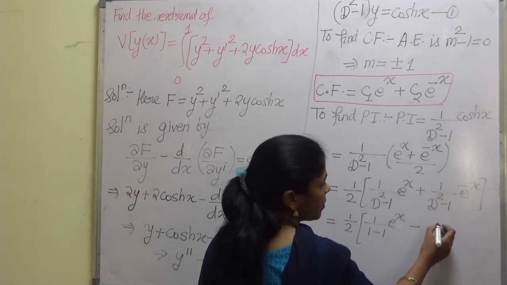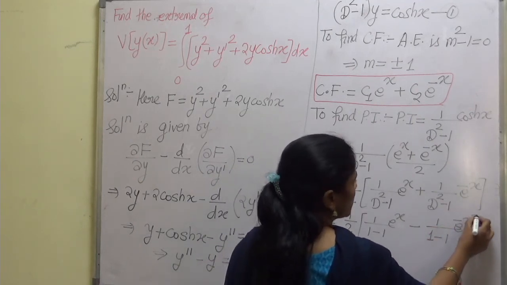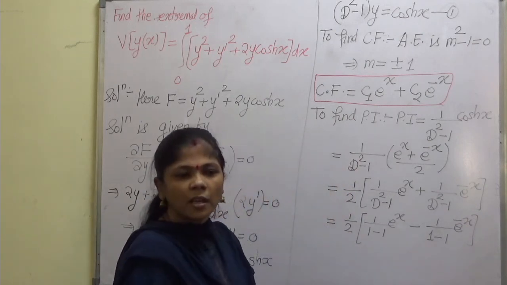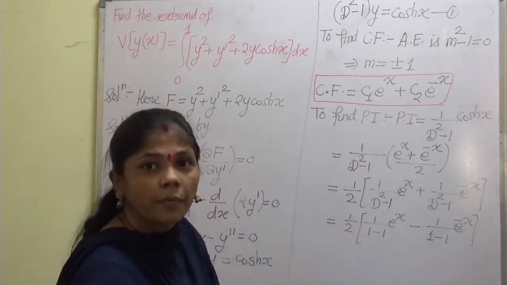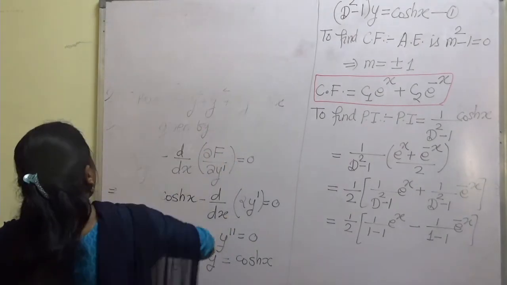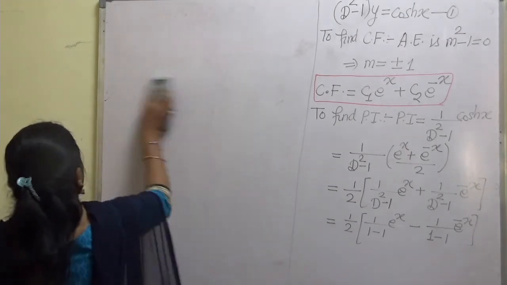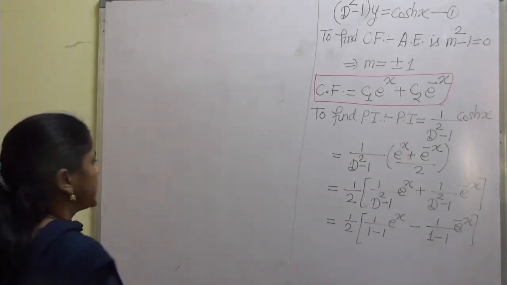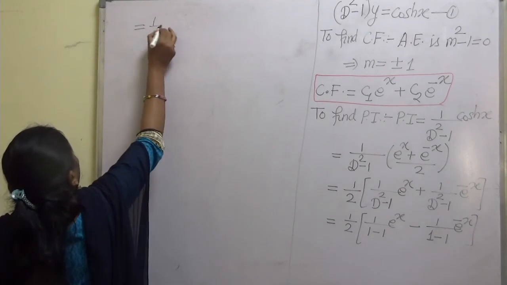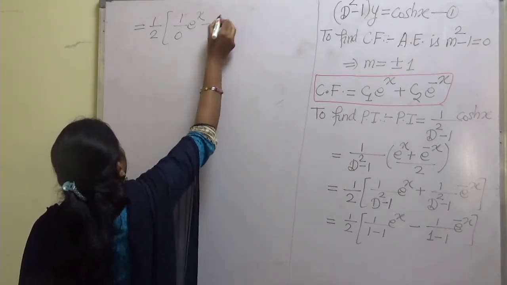And here it is getting replaced by minus 1, so here also 1 minus 1. So the case of failure is what we are getting here. So that's fine. It is 1 by 2 times 1 by 0 here, as well as in the second term also.